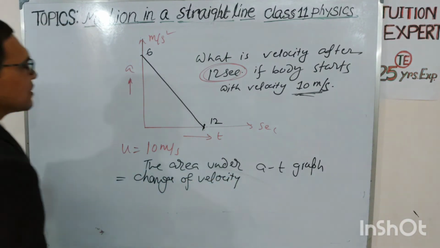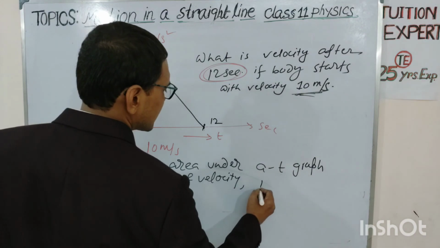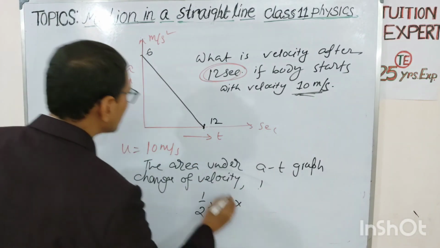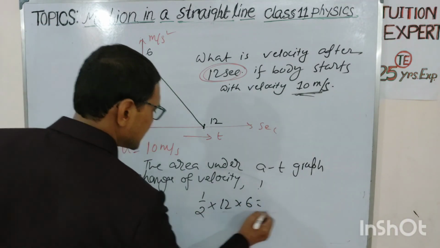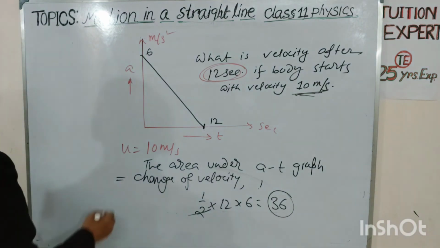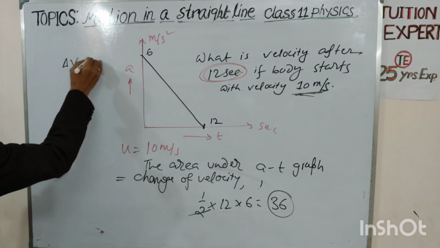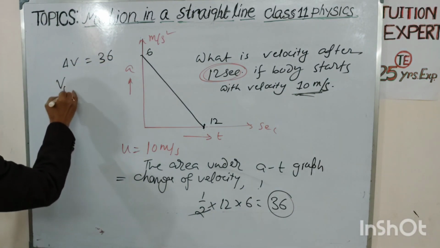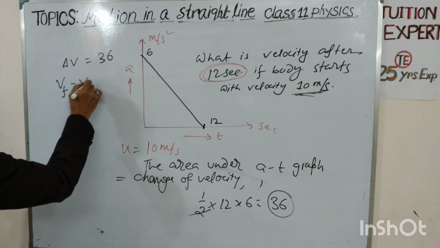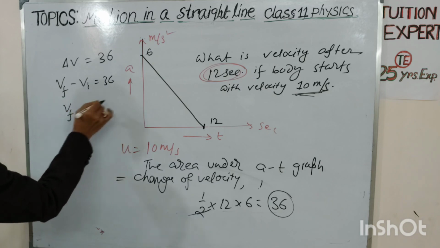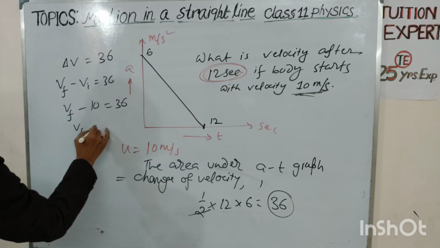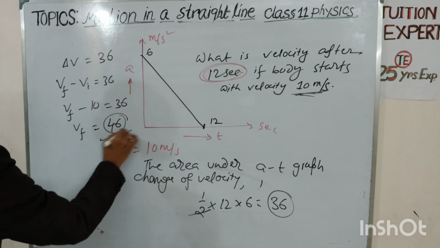So area equals half into base 12 into height 6, that is 36. So the change of velocity delta V equals 36. Change means final minus initial velocity, and initial velocity is 10. So V final equals 46. So this is the answer.